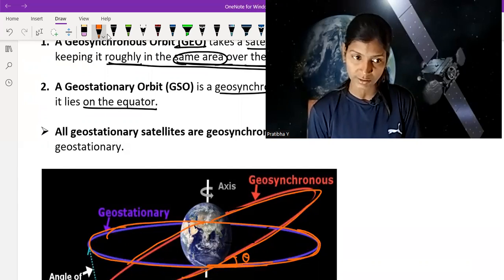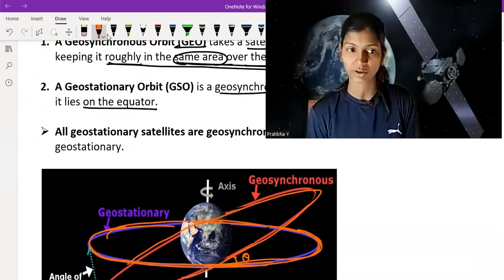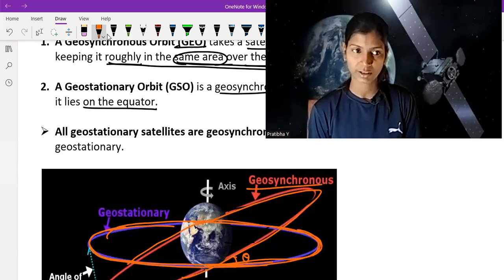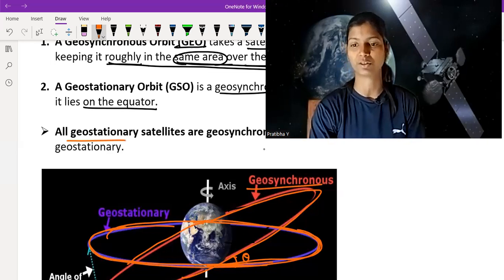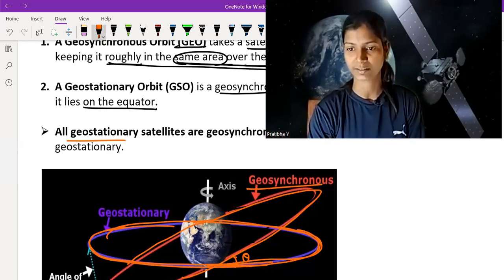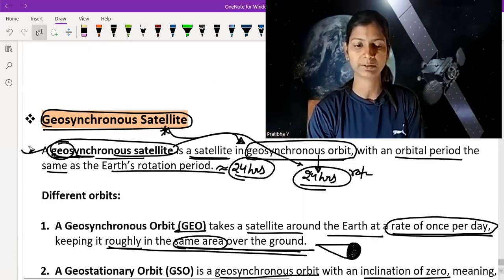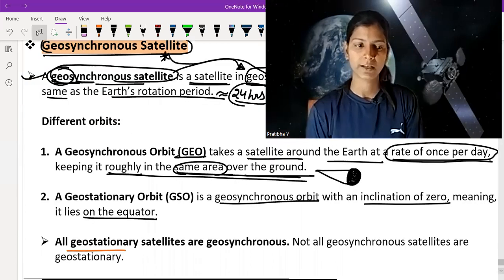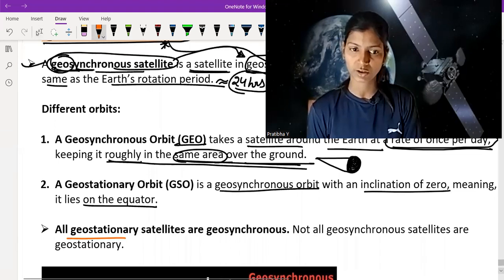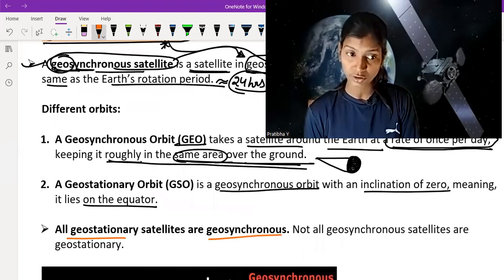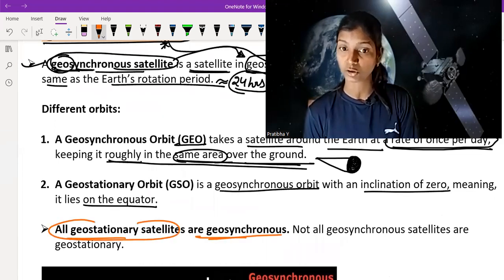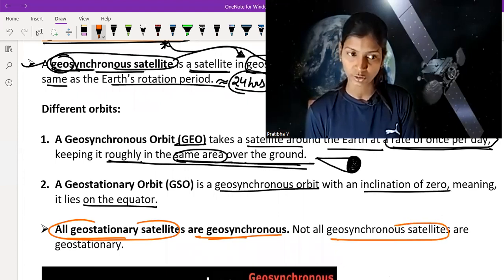All geostationary orbits are geosynchronous orbits, but all geosynchronous orbits are not geostationary. This is also the same for satellites, and basically we are going to talk about satellites. All geostationary satellites are geosynchronous. Not all geosynchronous satellites are geostationary.